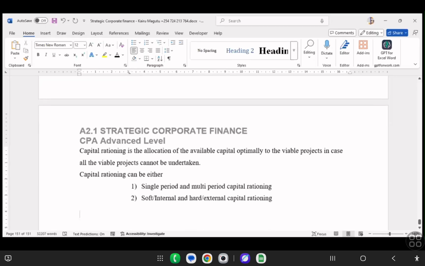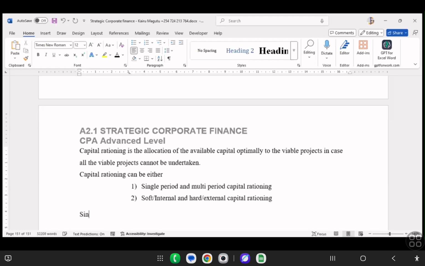These are the classifications of capital rationing. It is either single period or multi-period capital rationing. Then we have soft or internal and hard or external capital rationing.